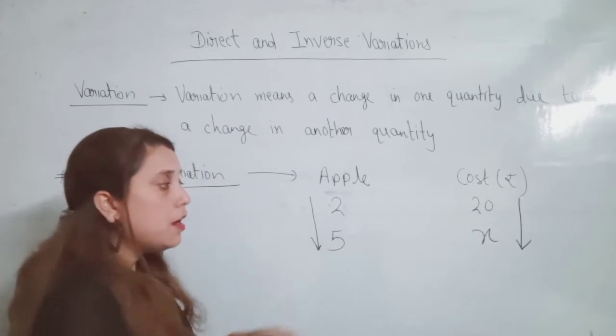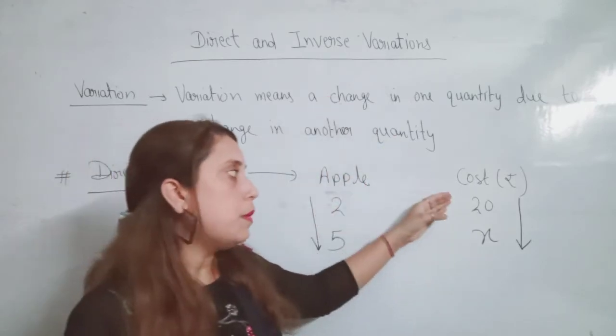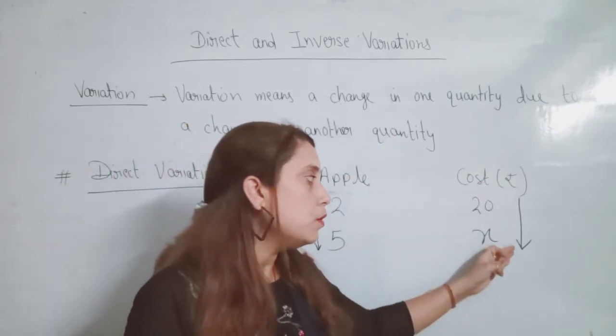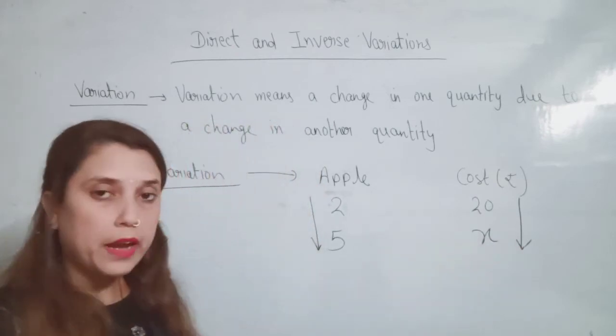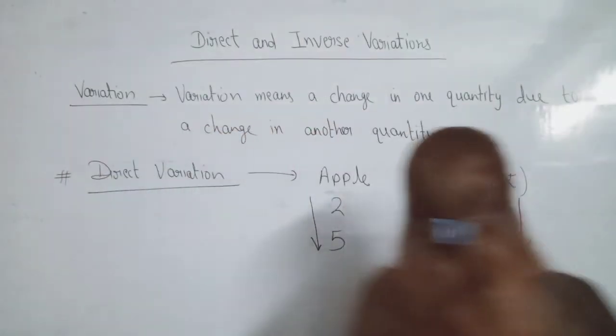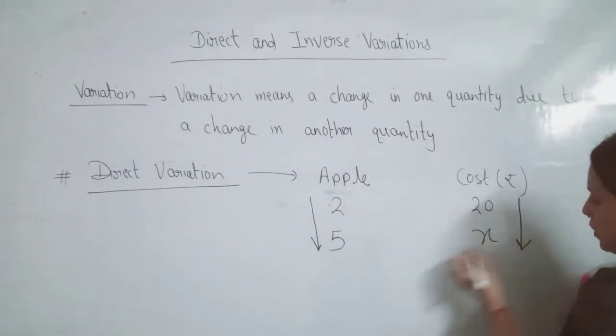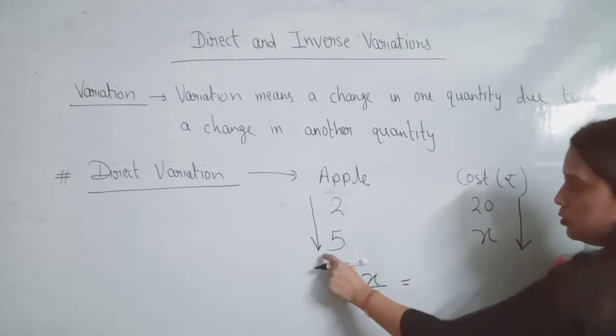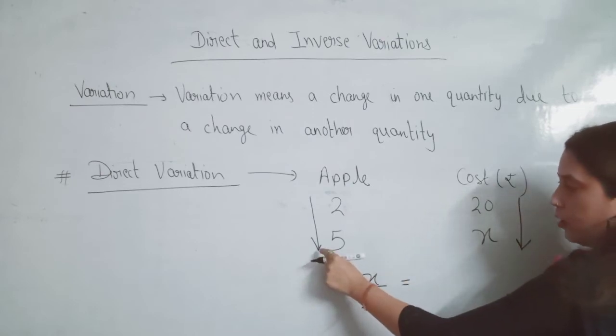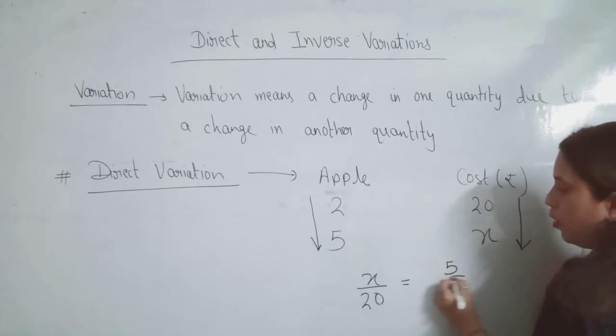And in every question, by default, the first arrow will go to the x direction. After that, how to write it in ratio form? Where is the arrow direction? We write x upon 20 is equal to, arrow on 5 side, so 5 upon 2.